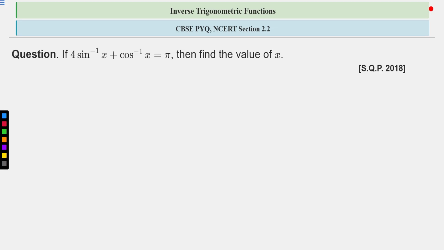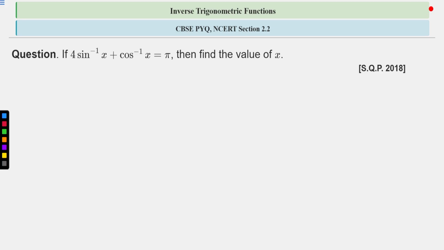How can we approach this question? We know that sine inverse x plus cos inverse x is basically pi by 2. Now we have two equations: 4 sine inverse x plus cos inverse x equal to pi, and sine inverse x plus cos inverse x is equal to pi by 2.